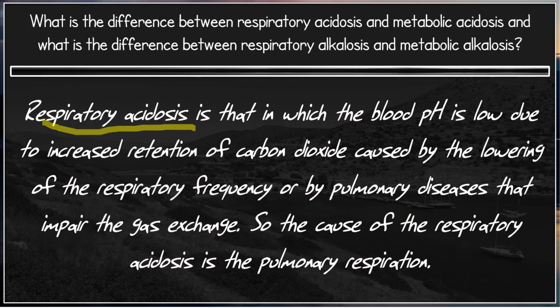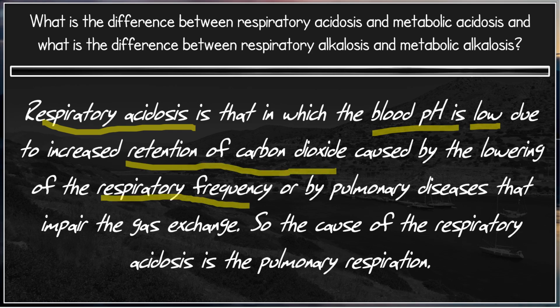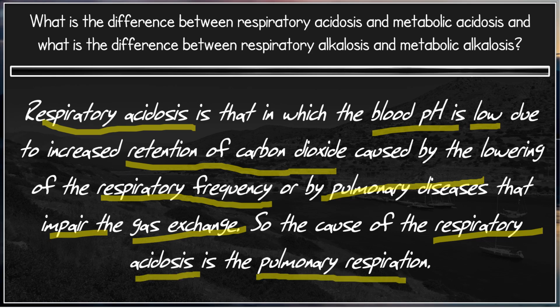Respiratory acidosis is that in which the blood pH is low due to increased retention of carbon dioxide, caused by lowering the respiratory frequency, and by pulmonary disease that impairs the gas exchange. So the cause of respiratory acidosis is the pulmonary respiration.